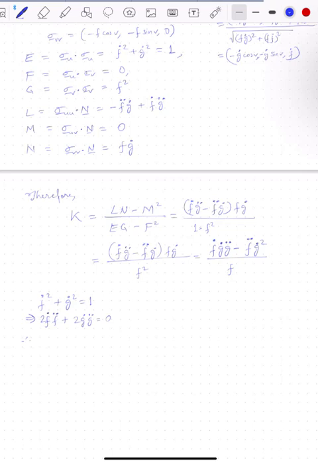So therefore, g dot g double dot is equal to minus of f dot f double dot. Right?